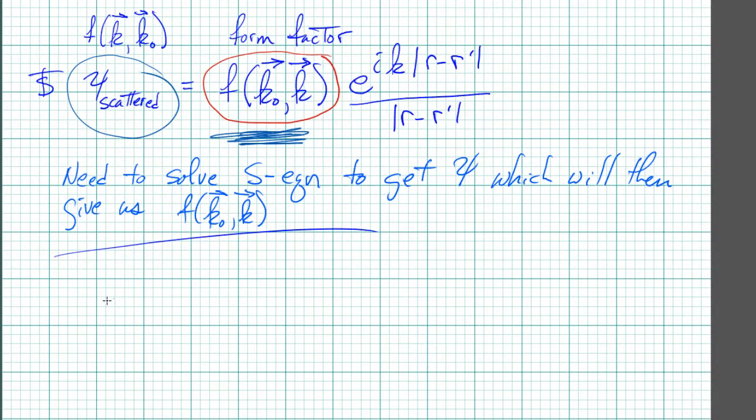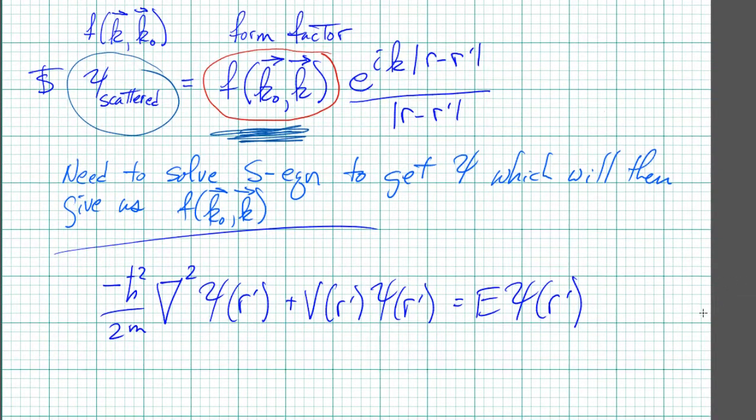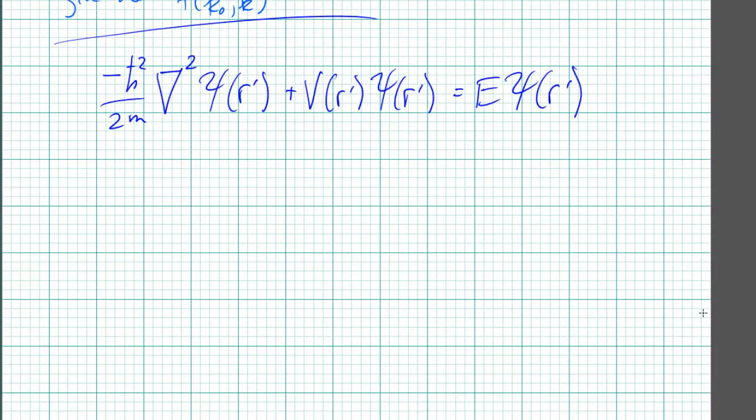The Schrodinger equation, what is that? Well, you must remember it. Minus h bar squared on 2m times the Laplacian del squared psi of r prime plus V of r prime times psi of r prime, and that's going to equal E psi of r prime. How do we solve this?